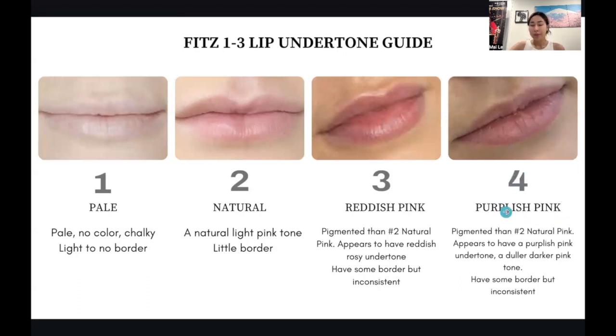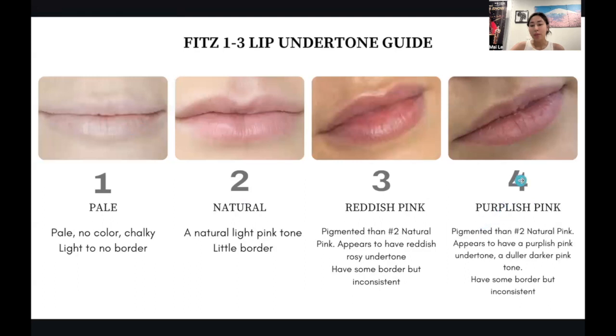Number 4 on Fitz 1 to 3, and Fitz 1 to 3 is skin tone. So skin tone Fitz 1 to 3, and this is number 4 of the lip. Purplish pink.